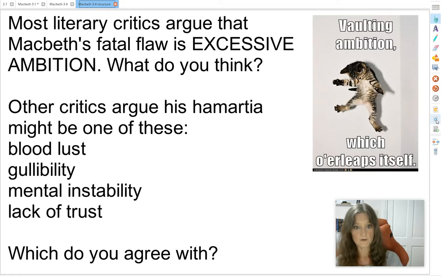However, I've had other critics, and some of these I definitely believe as well, will argue that his fatal flaw, his hamartia, might be one of these. So it could be the fact that he has a lust for blood. He loves killing too much.